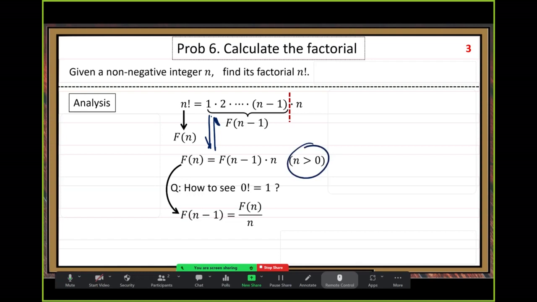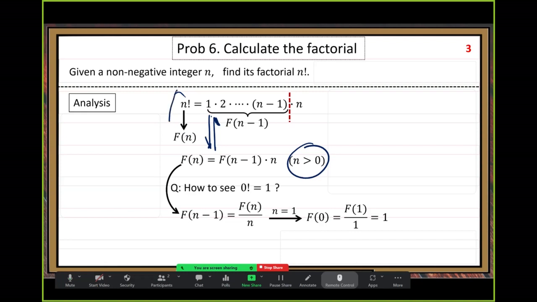Now plug n equals 1 into this formula. The left-hand side is f of 0. The right-hand side is f of 1 over 1. 1 factorial is 1, no problem, so 1 over 1 equals 1. But the left-hand side, f of 0, corresponds to 0 factorial, based on the definition here.